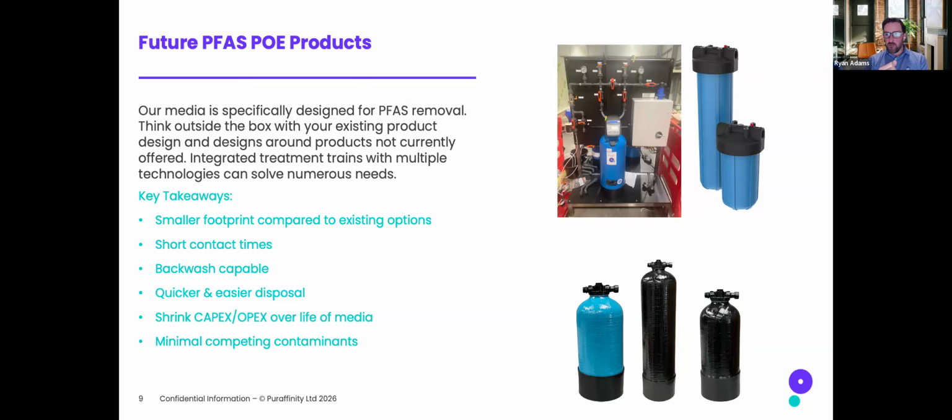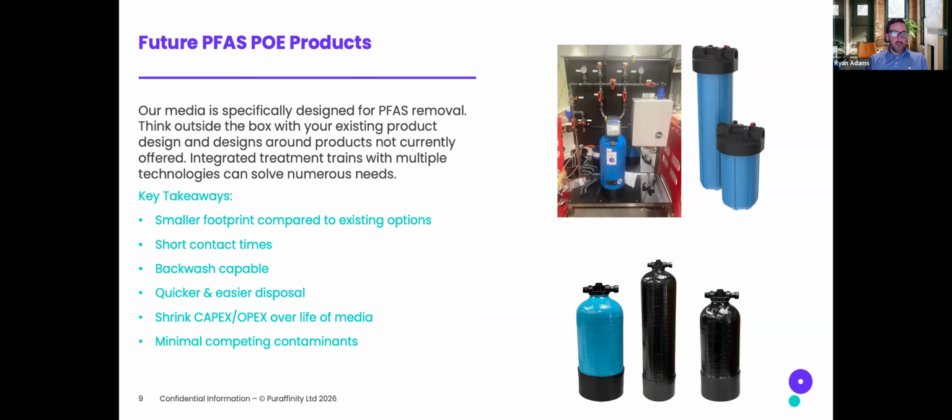People that want soft water on a recreational vehicle, they use these super tiny tanks. We've been in discussions with someone more recently on the POE side that's looking to do the 8x18 tanks. So think really, really small compared to what you maybe used to before. And with that comes much less media, and then much less cost, where you can shrink that CapEx and OpEx over the life of the media.